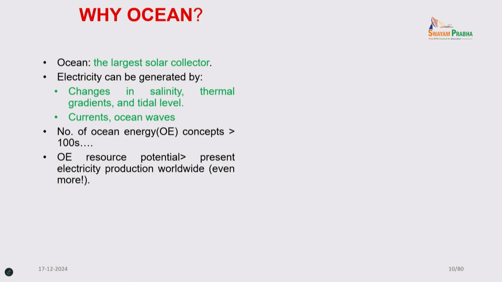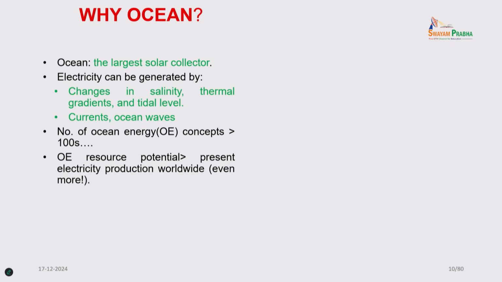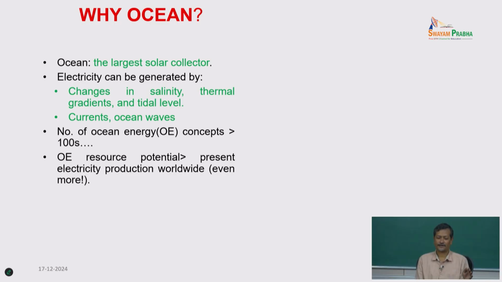Okay. Then why ocean? Ocean is the largest solar collector. It is absorbing solar energy and it is giving lots of renewable energy. Electricity can be generated by changing salinity, thermal gradient, tidal level change, ocean waves and currents. Current means, because of ocean tides, current will be created.